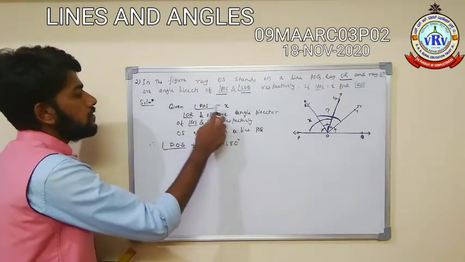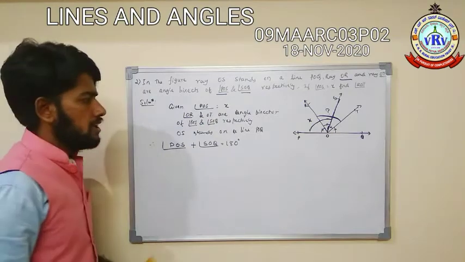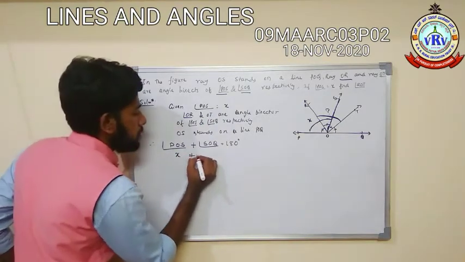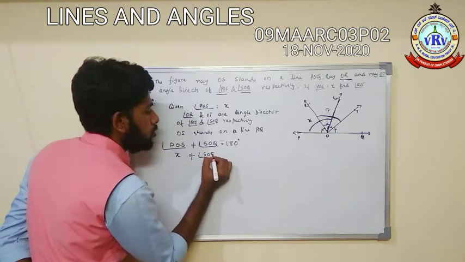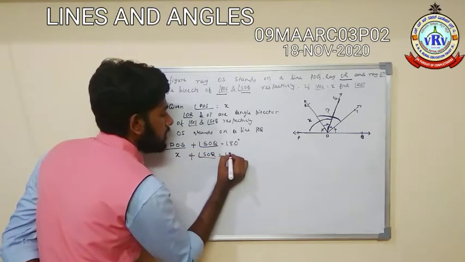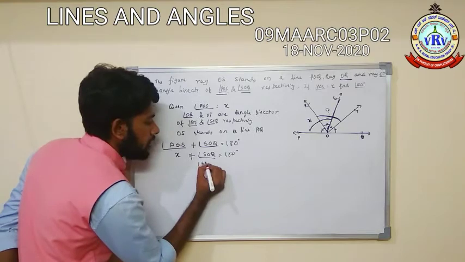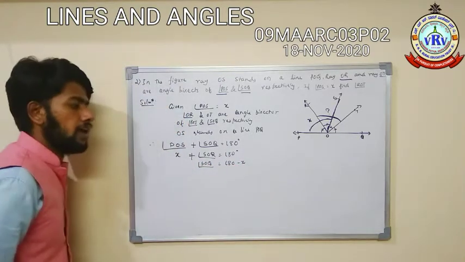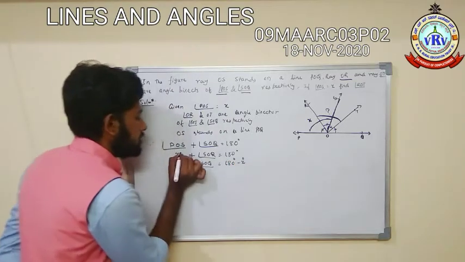And they are also given POS is x, any angle x. So I am replacing this: x plus angle SOQ is equal to 180 degrees. Therefore, angle SOQ is equal to 180 degrees minus x degrees.